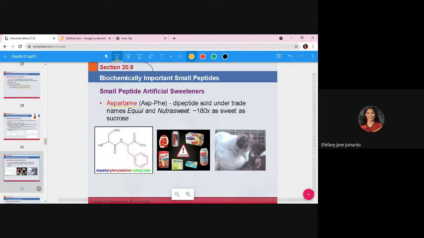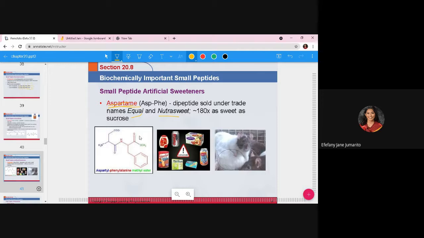Okay, use your aspartame. Remember your aspartame, it's an artificial sweetener. Okay, so aspartame, the other name is Equal or your NutraSweet. So this one, aspartame, it is a dipeptide.